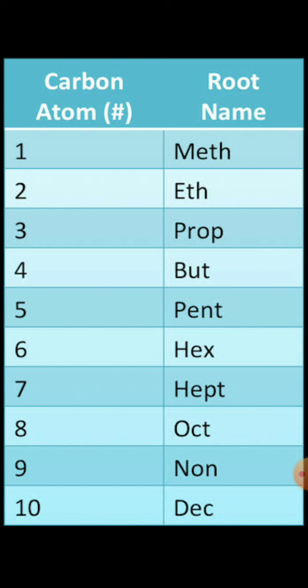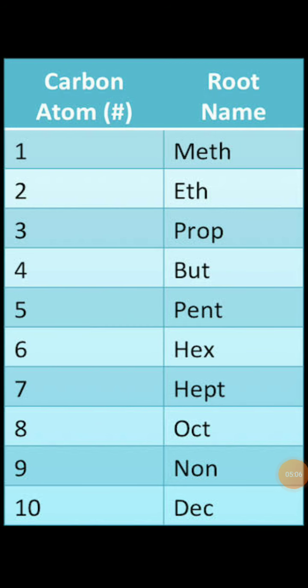If we have 4 carbon atoms, then we have butane, butene, butyne. If we have 5 carbon atoms, then we have pentane, pentene, pentyne. If we have 6 carbon atoms, then we have hexane, hexene, hexyne, and so on till number 10.